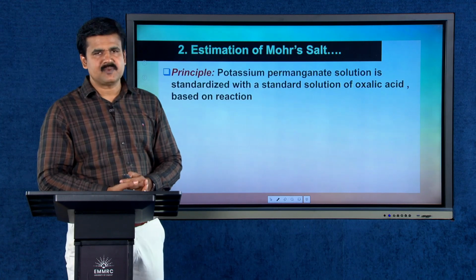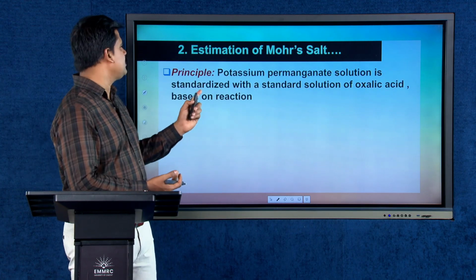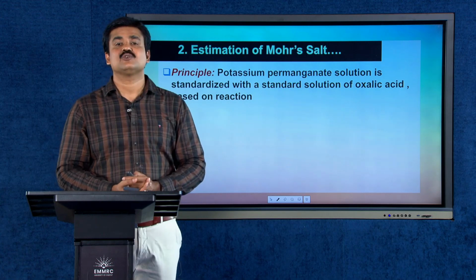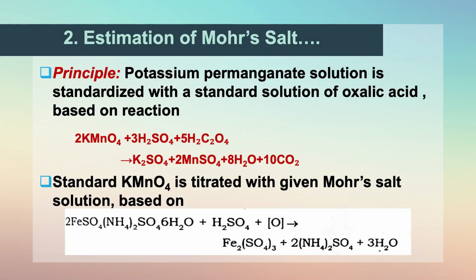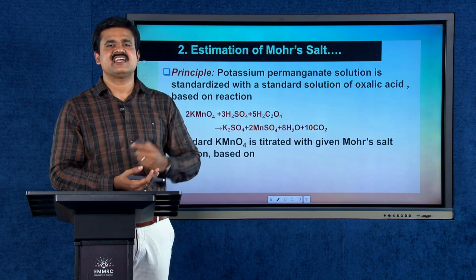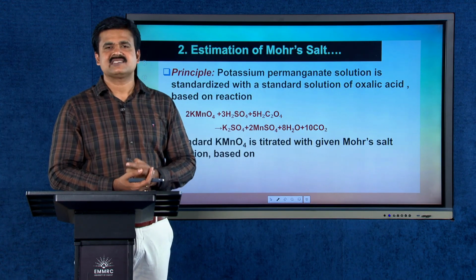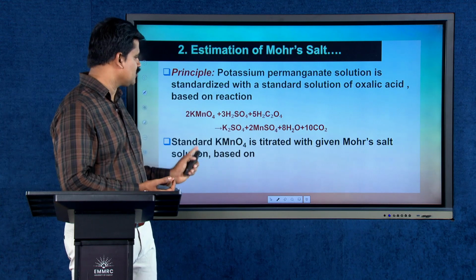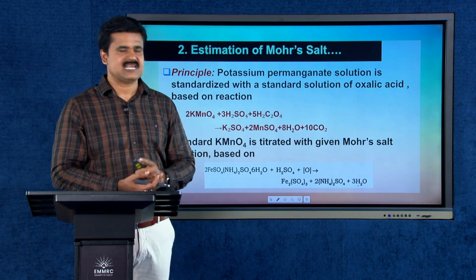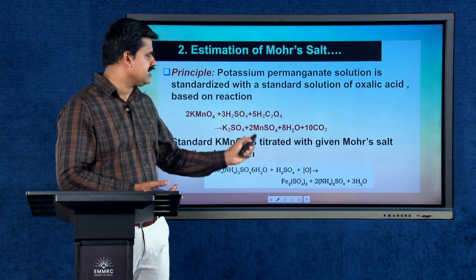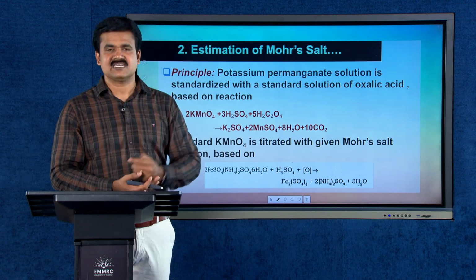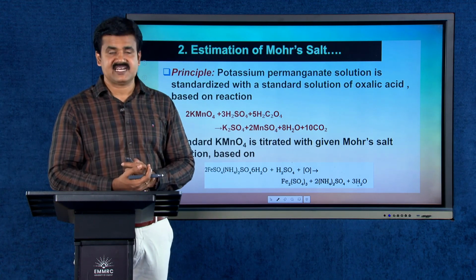And this is the principle. Potassium permanganate solution is standardized with a standard solution of oxalic acid based on this reaction. Oxalic acid and KMnO4 in the acid medium oxidizes oxalic acid to carbon dioxide and water. This equation is known to you, and that standardized KMnO4 is titrated with the Mohr's salt solution, which is based on this reaction, that is, Mohr's salt in acidified KMnO4 or an acid medium is oxidized to ferric sulfate.